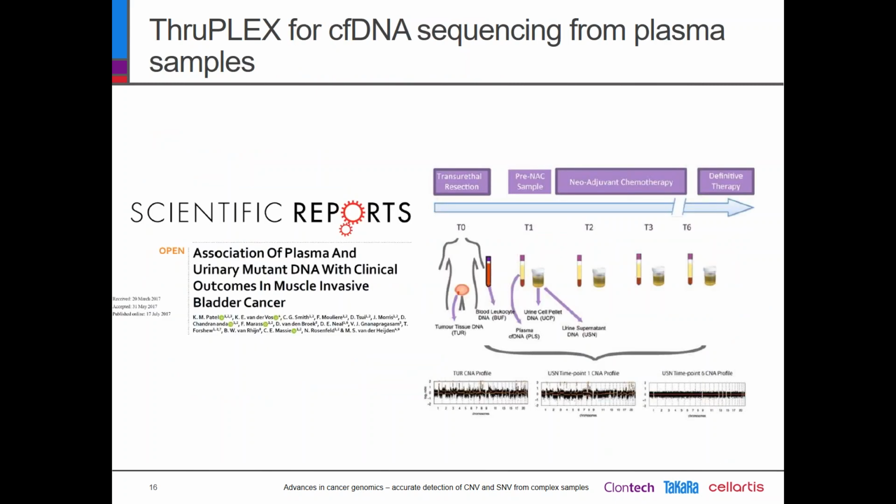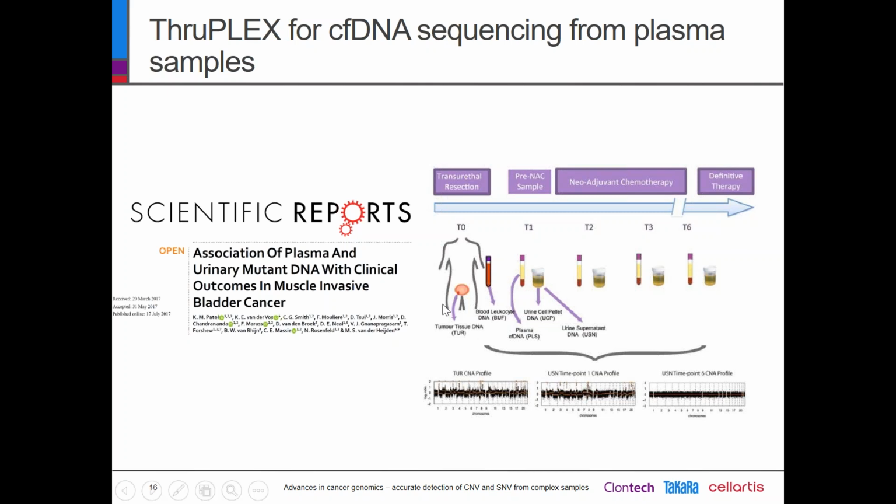I told you we have a very successful history of use of ThruPlex Plasma-seq and DNA-seq for cell-free DNA, liquid biopsies from plasma samples.